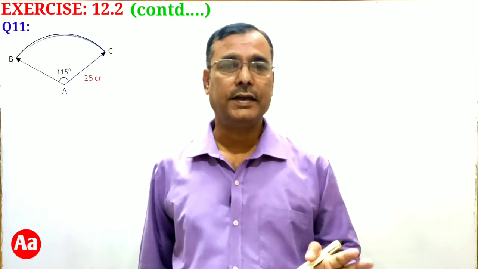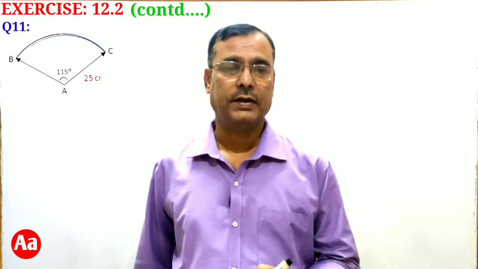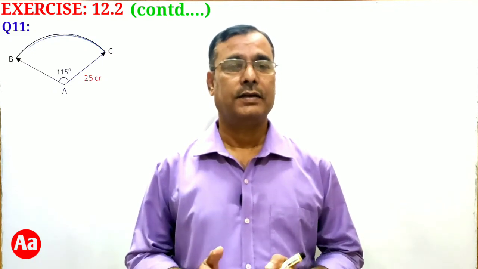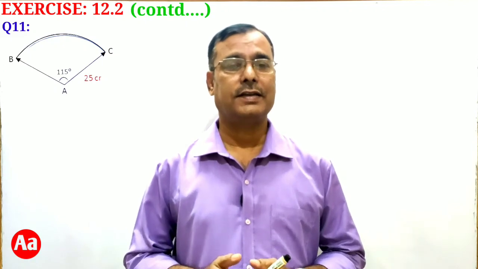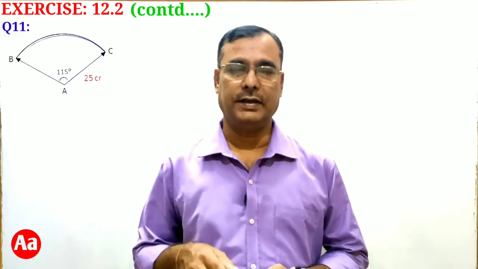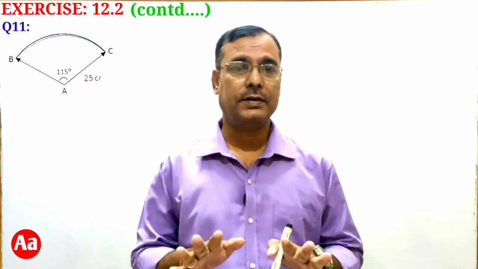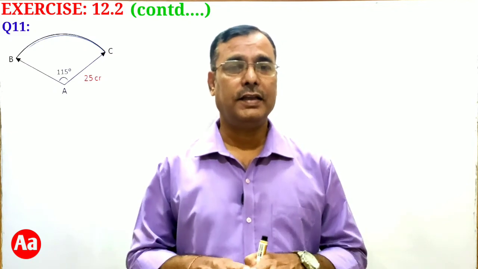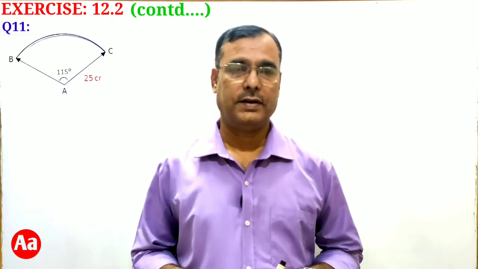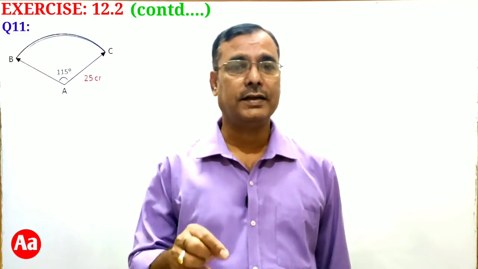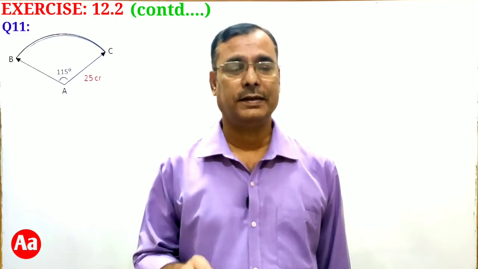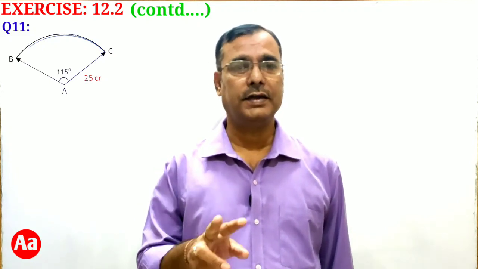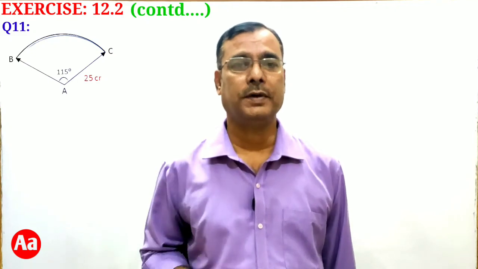Area cleaned by one wiper is in the form of a sector of a circle of radius 25 centimeter and sector angle 115 degrees. So there are two wipers, and both the wipers will clean double of the area cleaned by one wiper, and we have to find total area cleaned at each sweep of the blades. Two wipers, so double area will be cleaned by two wipers in each sweep of the blades.